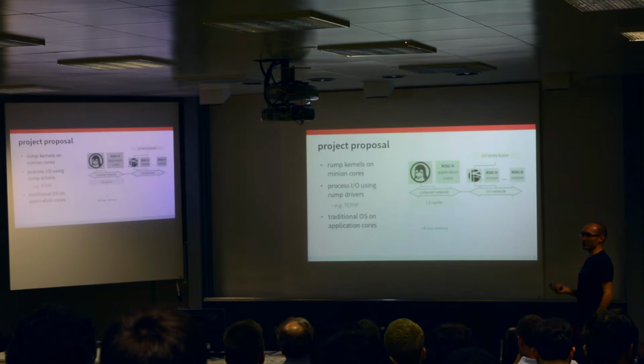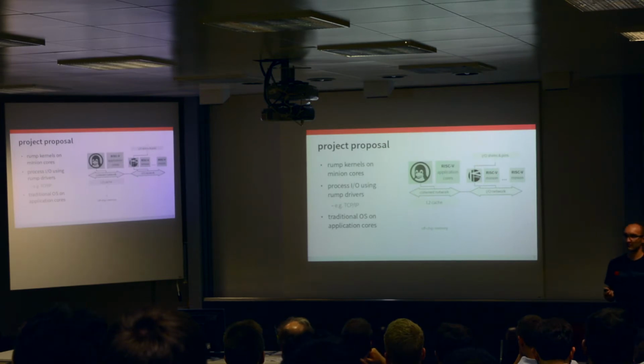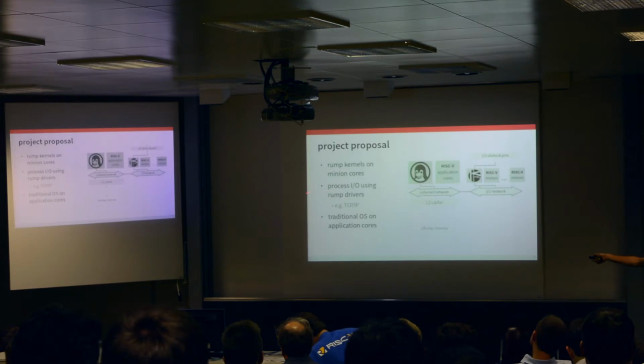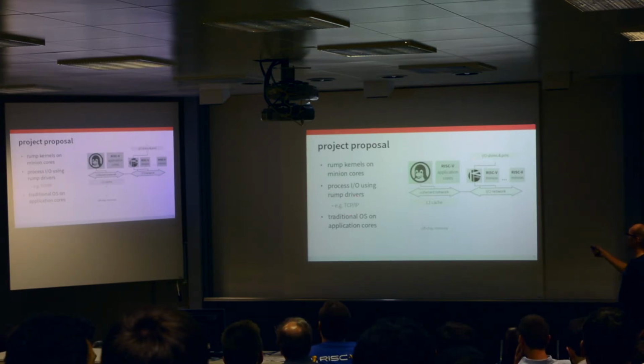The project proposal, the initial idea by my mentor Justin Cormack, was to use Rump kernels on those Minion cores to do the I/O preprocessing using those Rump drivers. In this example, using the TCP/IP stack of NetBSD to process Ethernet frames that come in through this I/O.